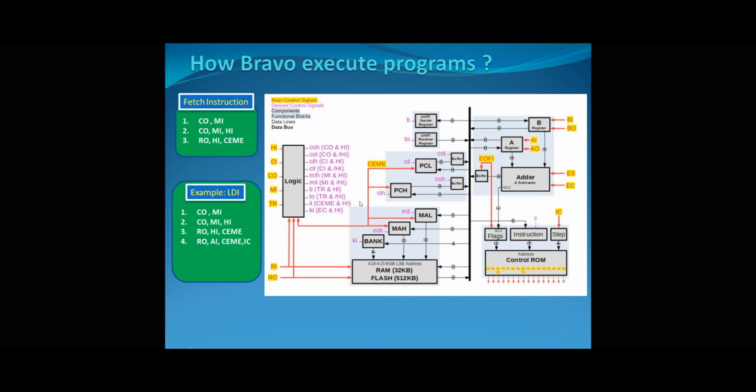Now, one important thing regarding the control logic in Bravo is that we have a total of 16 control signals outputting from our control logic. However, some of those signals are what we call combined signals. So let's first focus on that and see why we actually have those combined signals.